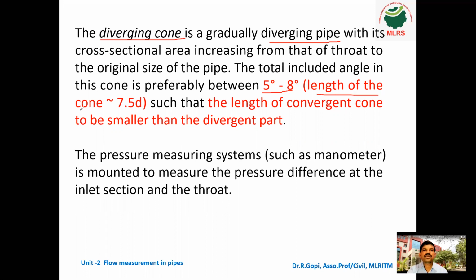The length of the cone is 7.5 times d. So, as I told previously, the convergent cone length is very small, and the divergent cone length is much bigger, such that the convergent cone is shorter than the divergent cone.